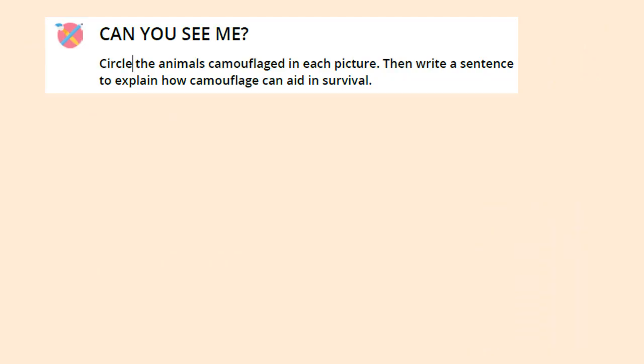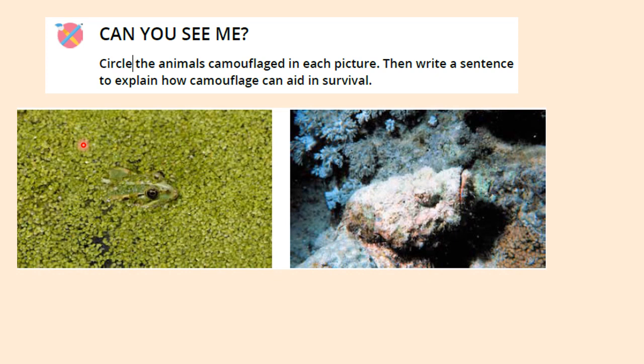So now we have some examples of camouflage. If we look at these pictures, number one, we can see a frog. It is called the pond frog, and it acts as a camouflage in green plants on the water.